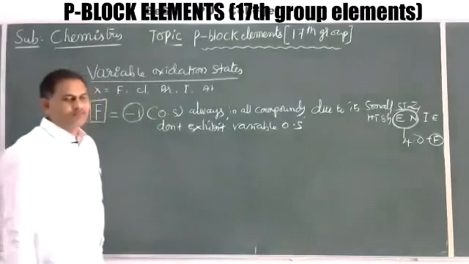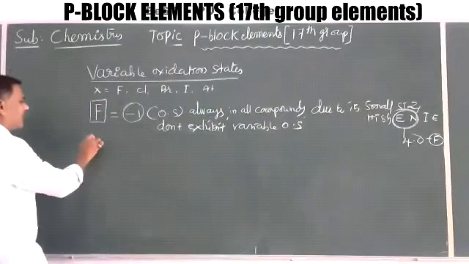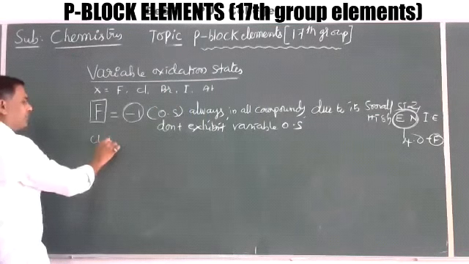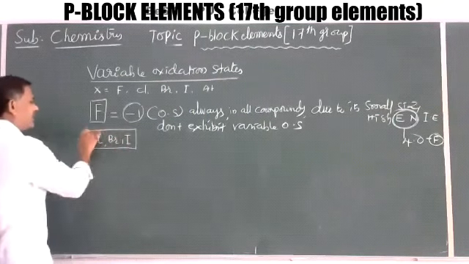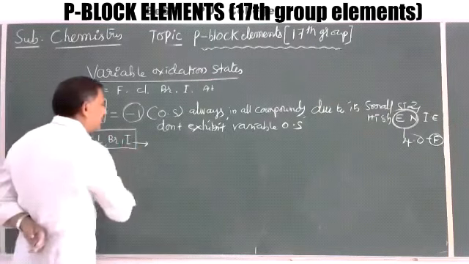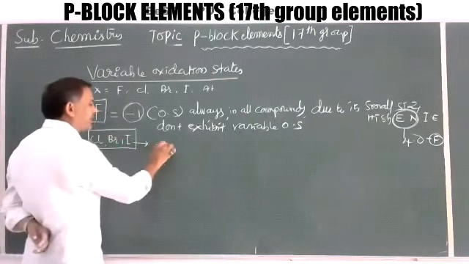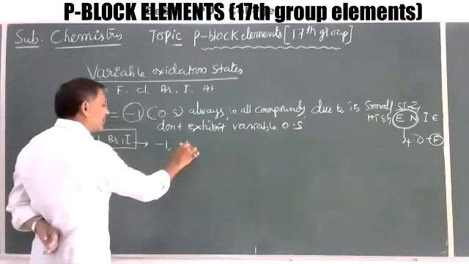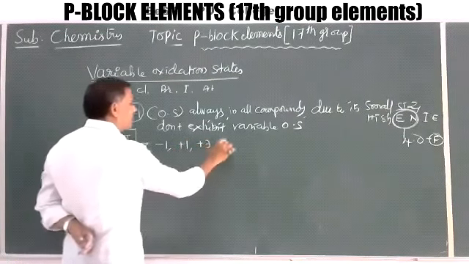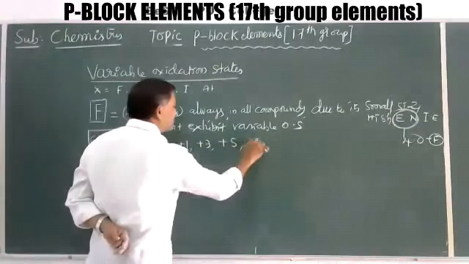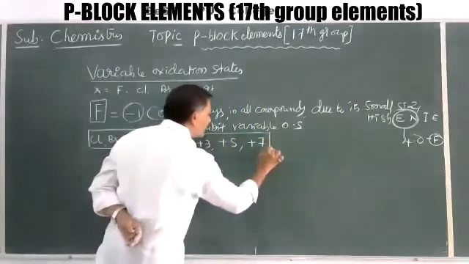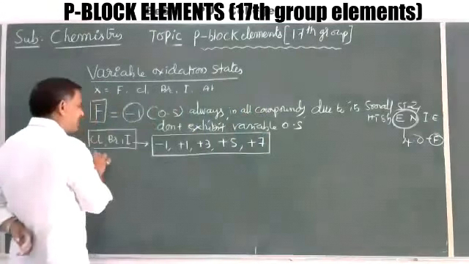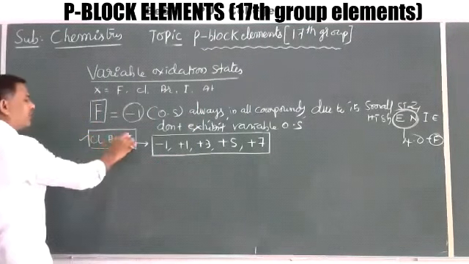Then chlorine, bromine and iodine, based on their combining capacity with the other atoms or elements, show -1, +1, +3, +5, +7. These are the possible variable oxidation states exhibited by chlorine, bromine and iodine.